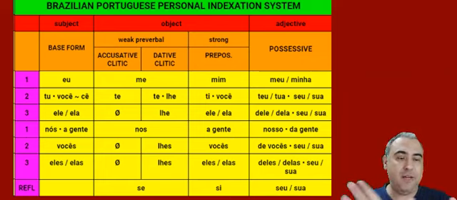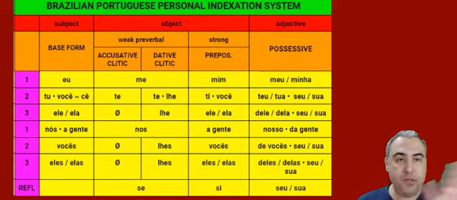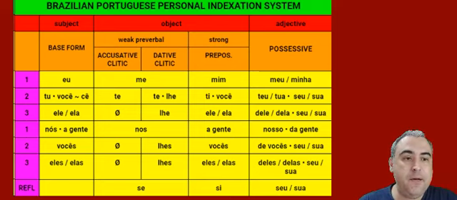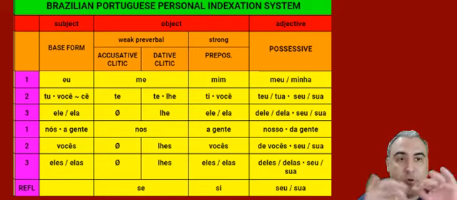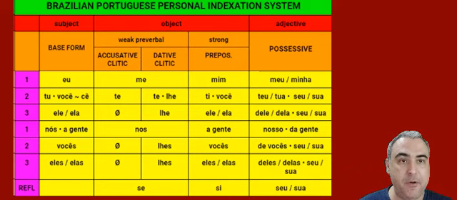But o senhor I'm not even including there because it's more like a noun than a pronoun. So the second person varies between tu, which is informal, and você, which has its alternate form se, whose usage will be explained later. Você is more like not too formal, not too informal, so it's ideal for you to memorize.